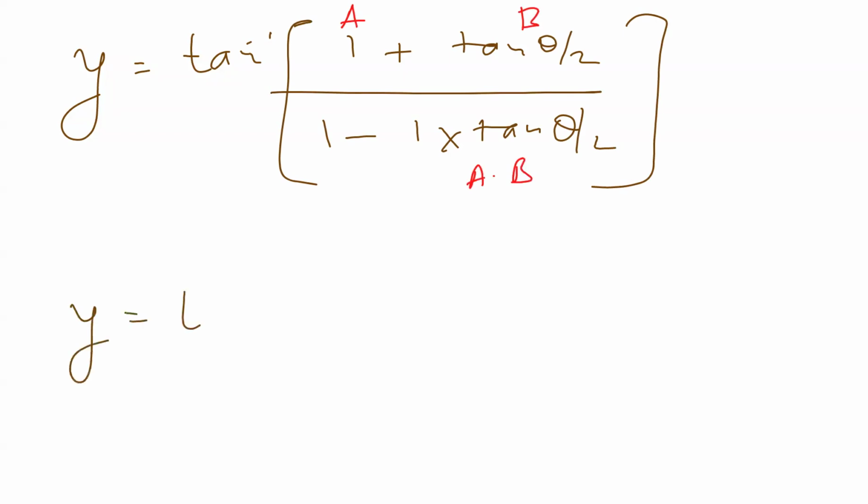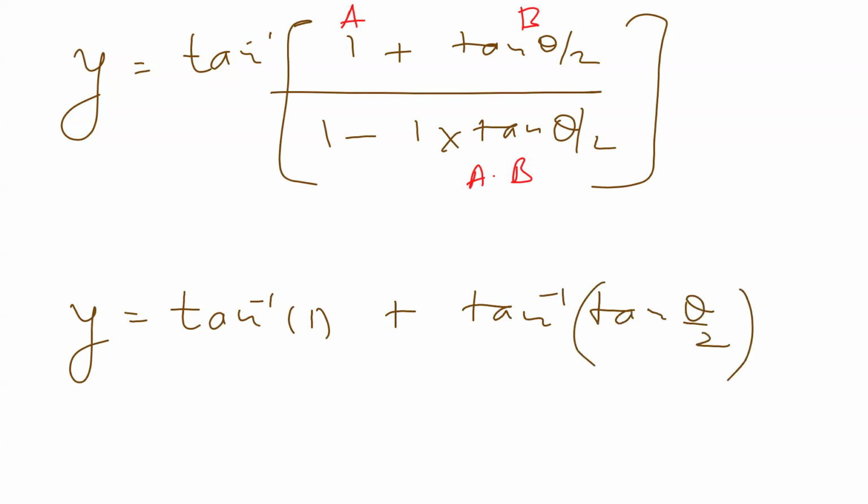So y is equal to tan inverse of A plus tan inverse of B. Okay, tan inverse of (A plus B) upon (1 minus AB) is tan inverse of A plus tan inverse of B. So tan inverse and tan will get cancelled. Tan inverse of 1 is 45 degree plus theta by 2.